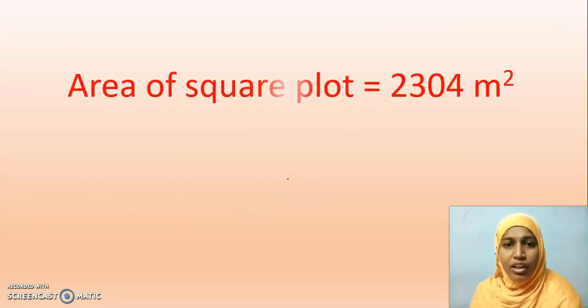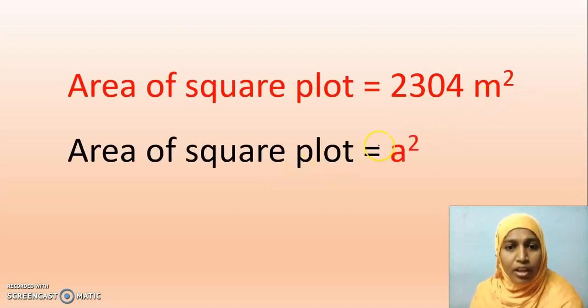And see here, it's given that the area of the square plot is 2304 meters squared. We all know the area of a square. What is the formula? A squared units. You have to write this also, my dear children, because without units it has no meaning. So the area of the square plot is A squared, and this is 2304.